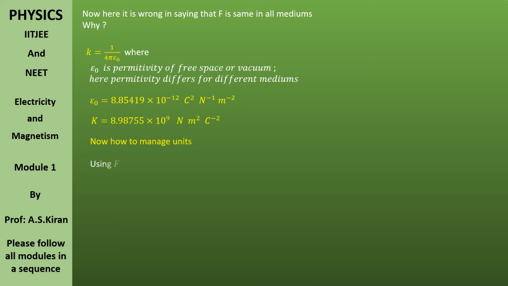Now, how to manage units. Using F equals K Q1 Q2 by R square, we find the unit for K. Simply make K alone on one side and bring all the other terms to the other side.